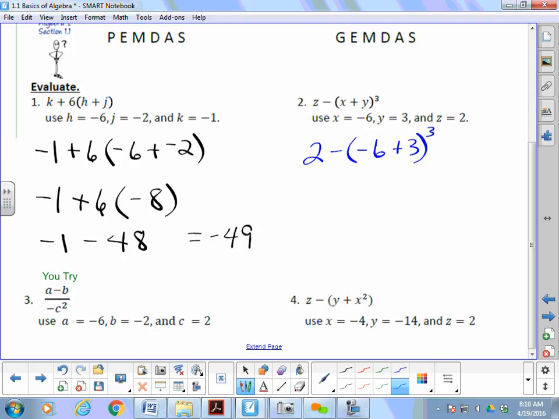This is another place where people make mistakes. Oh, negative 6 to the third power, I can do that. 3 to the third power, I can do that. Great, but that doesn't mean anything. You have to do what's in the parentheses first. So 2 minus, and negative 6 plus 3 is negative 3 to the third power.